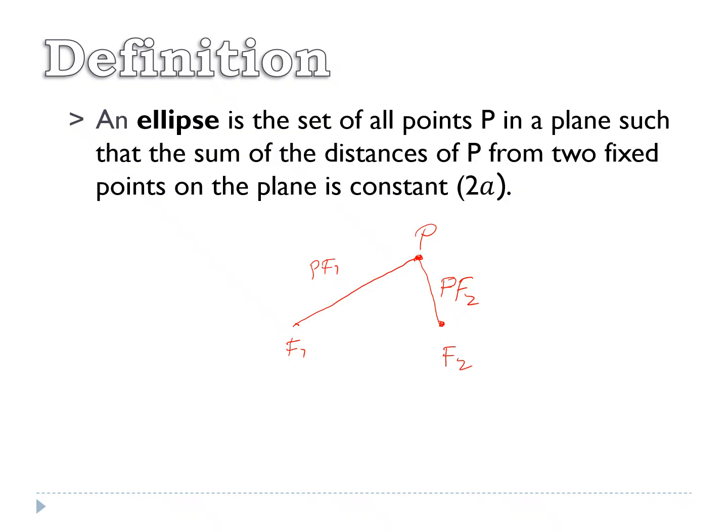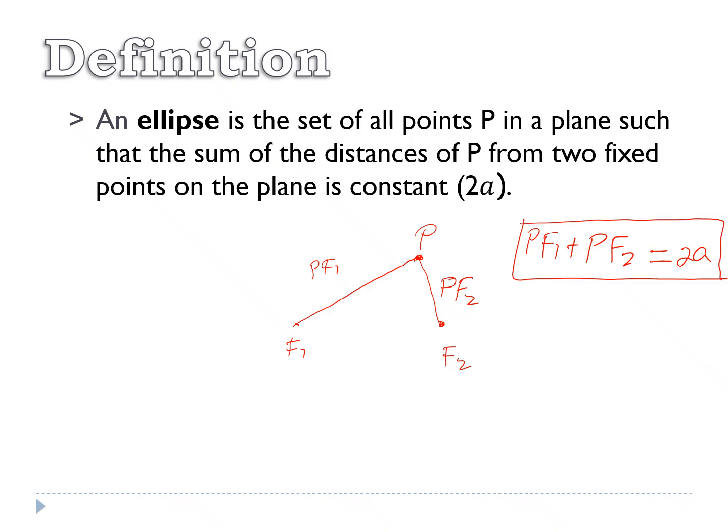When you sum up the two distances, PF1 plus PF2 is equal to a constant, which is equal to 2A. So this is the basis of our derivation.